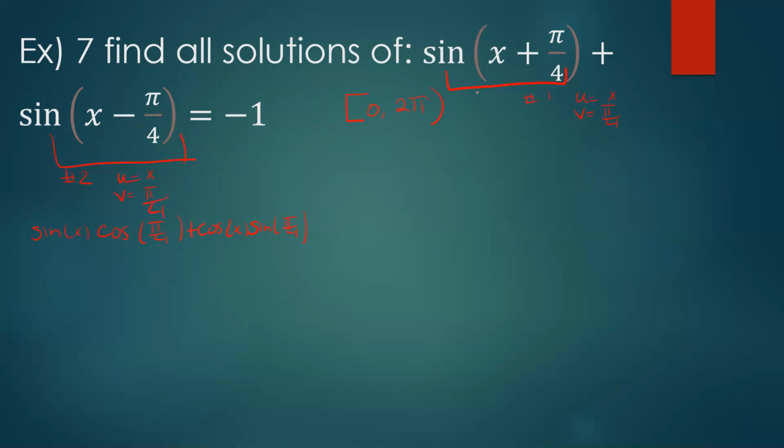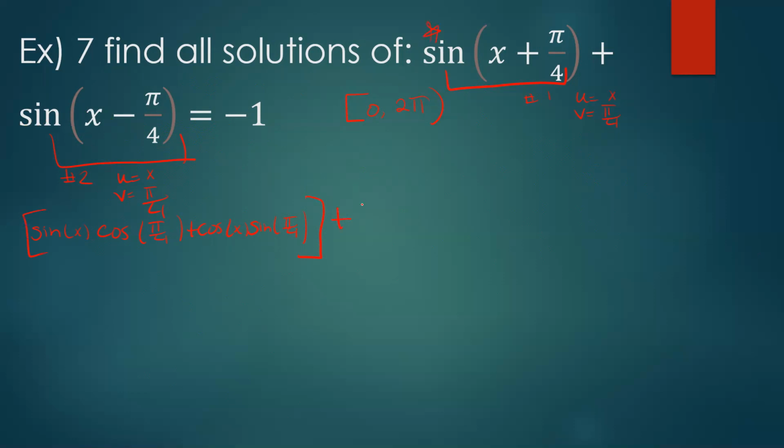Okay, so we simplified. This is what it looks like. Now let's simplify this, sine of x minus pi over 4.